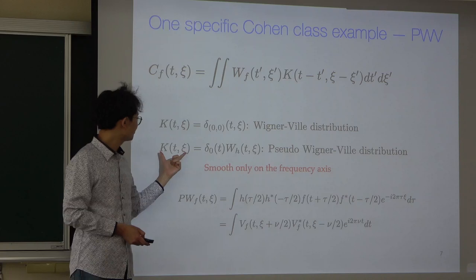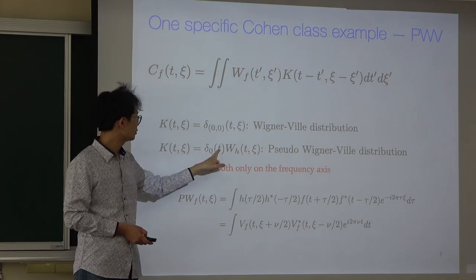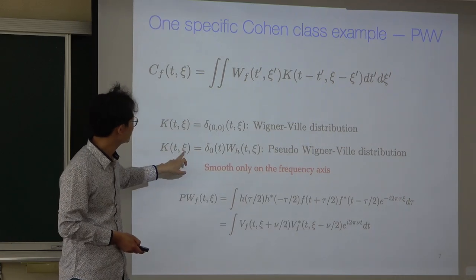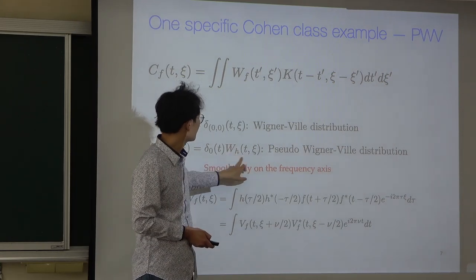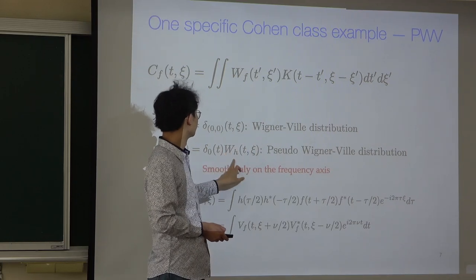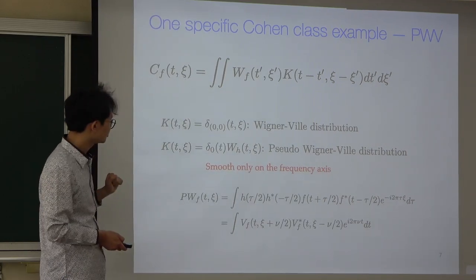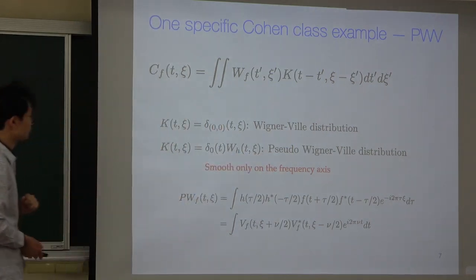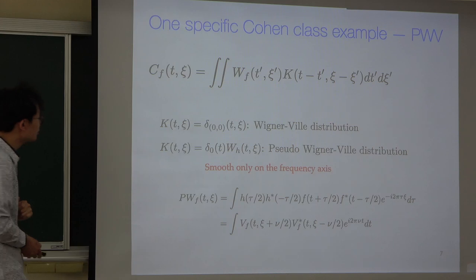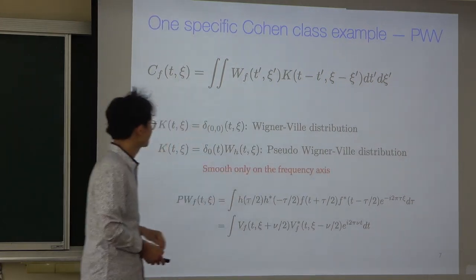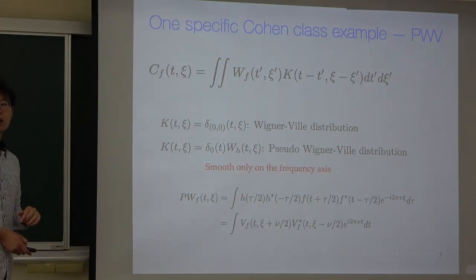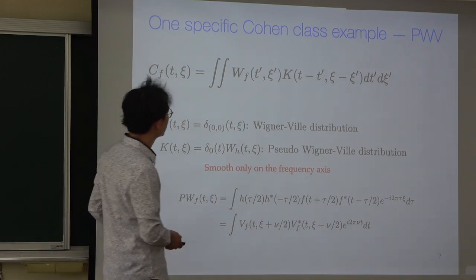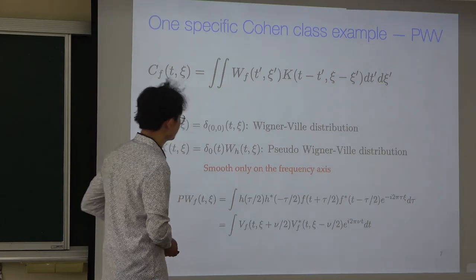How about if now we consider in time we don't do anything, time is a delta measure, but in the frequency domain, you have some kind of smoothing. Then that is called pseudo-Wigner-Ville distribution. That is, you only smoothen on the frequency axis, but not in the time axis. Then that's called the pseudo-Wigner-Ville distribution.